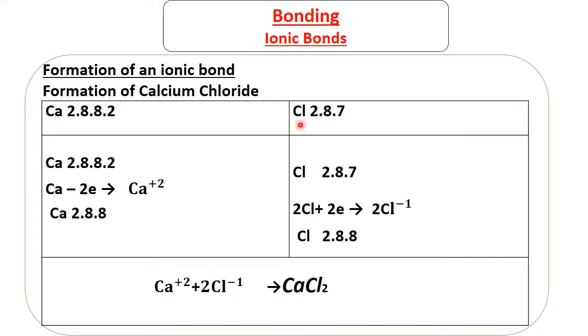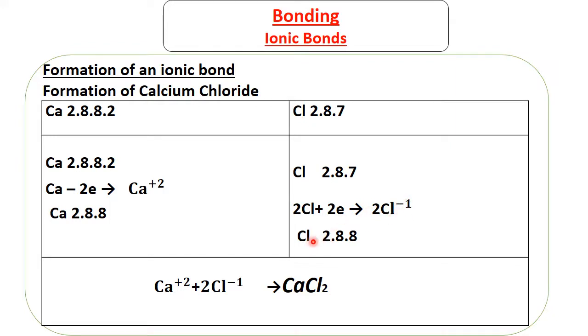So if we have 2 chlorine atoms available, then the bond can be formed, because each chlorine atom is going to get 1 electron. So here is what happens. Chlorine with its electronic configuration 2,8,7 is going to participate in this reaction. So there will be 2 chlorine atoms that are going to get the 2 electrons, each getting 1, and we're going to have 2 chloride ions, each of which has gained 1.